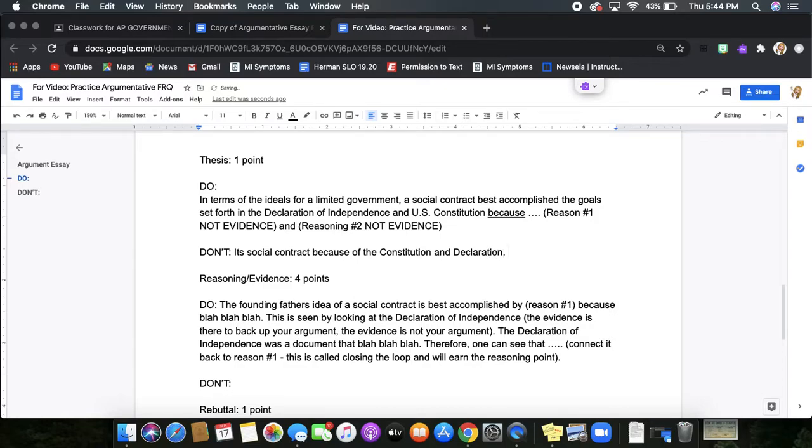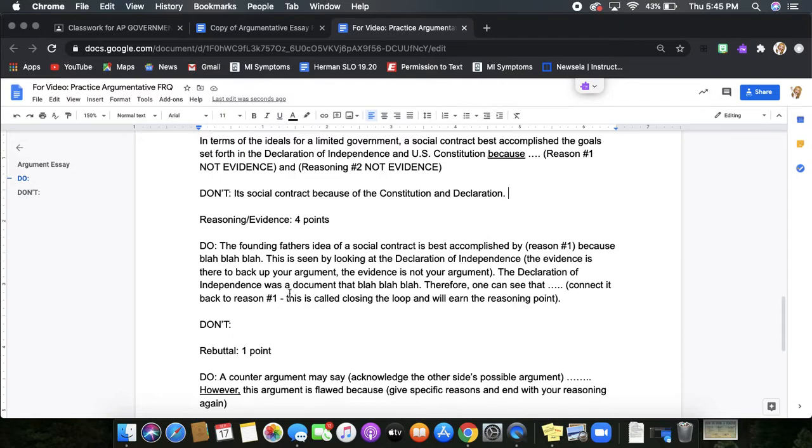That doesn't tell me anything about what the essay is about. Yeah, I see that you chose social contract out of the possible 3, but I have no clue what you're arguing. Okay, so make sure you have that clear line of reasoning where it's those big ideas, not your evidence. This is the number 1 mistake that I see people make, which is why it's on all caps. I don't want you to make this mistake.